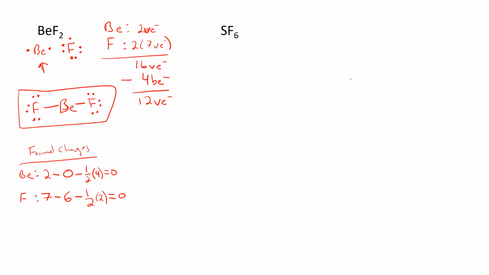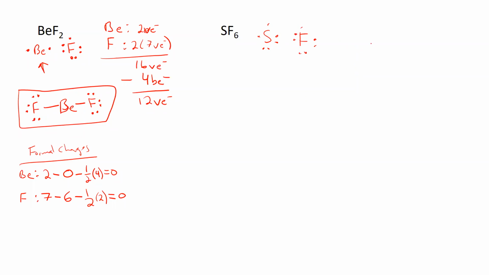And finally, we'll do one more example and then we'll end for the day, this SF6. So sulfur is right below oxygen. It winds up having 6 valence electrons. Fluorine, we know, has 7.